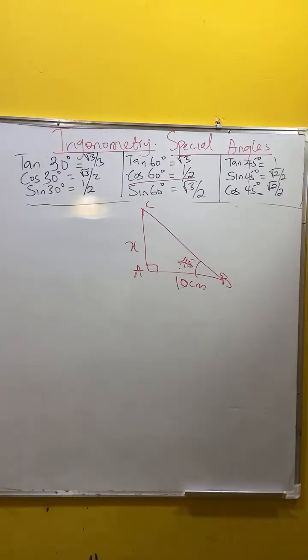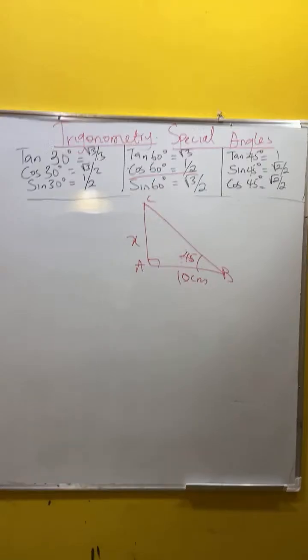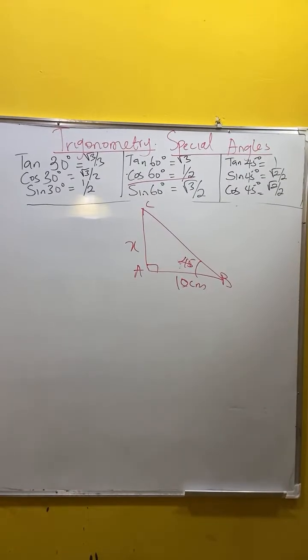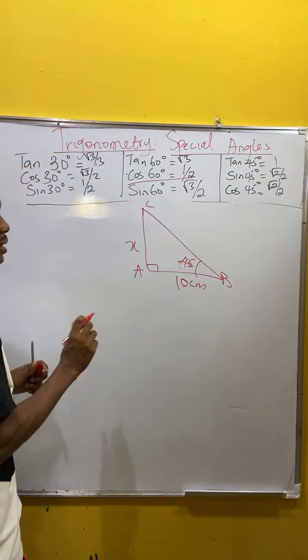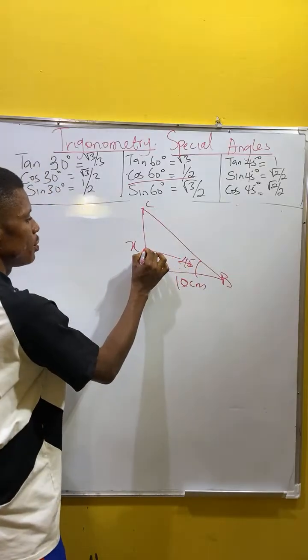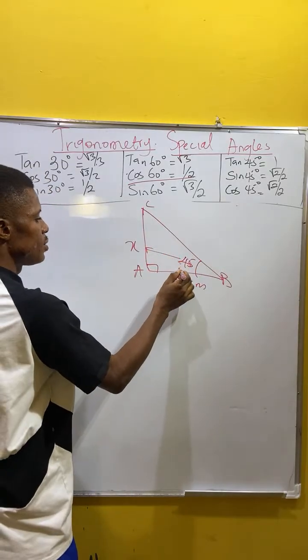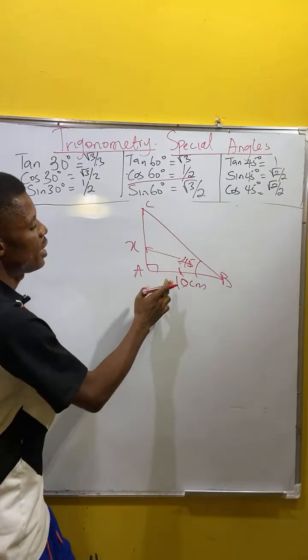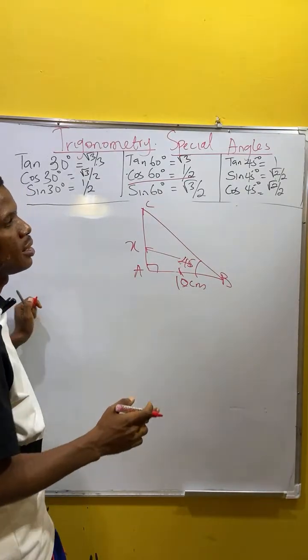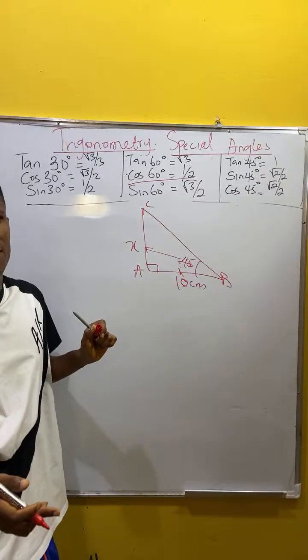To find the missing side of this particular triangle is very, very easy. All we have to do is simple. This is the opposite, and this is called the adjacent. So basically, for the 45 degrees, we'll be using tan.